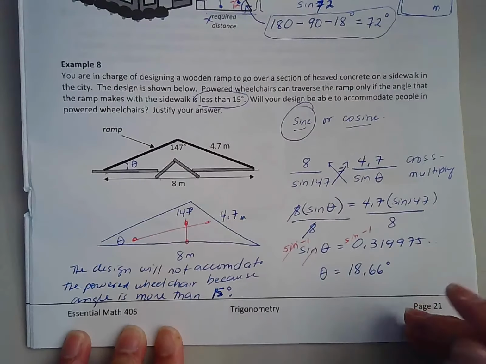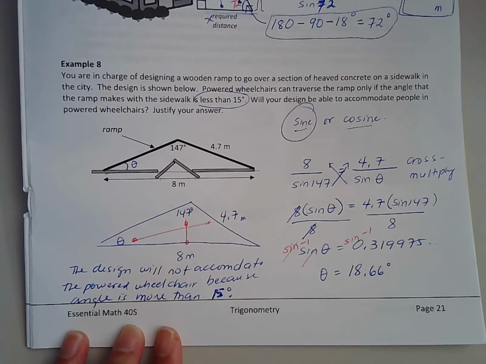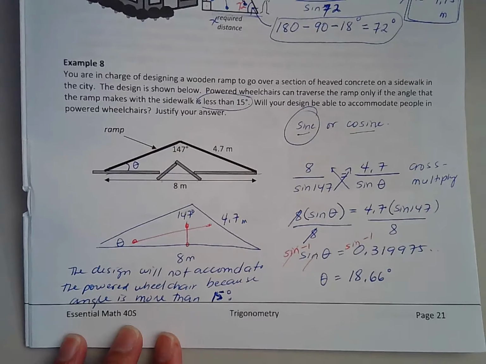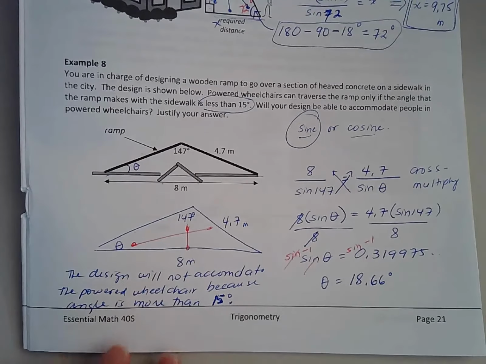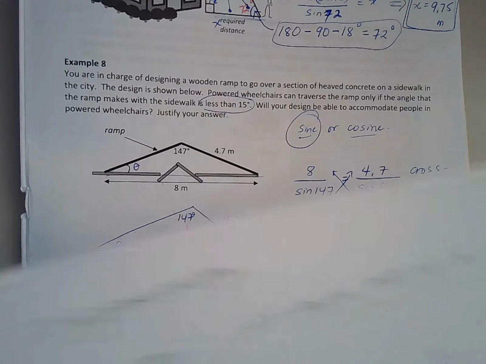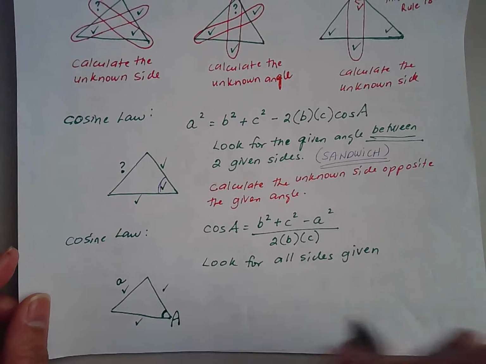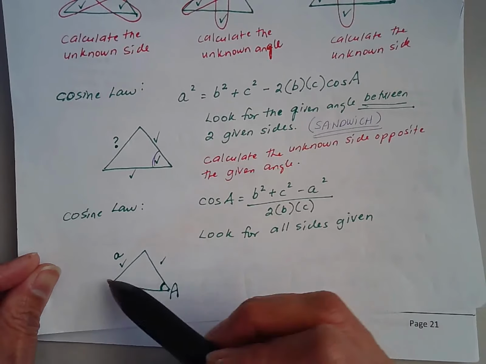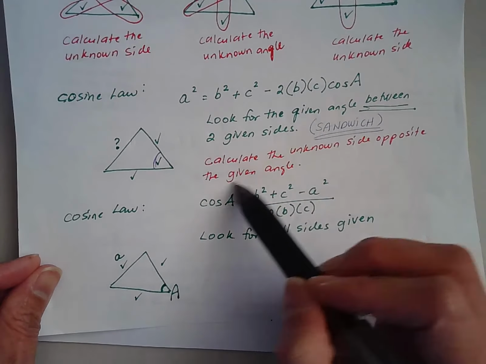Okay. Is that good? So what have we done so far with sine and cosine? There's a context, a story behind the situation, and then you have these to guide you. If all three sides are given, this is your strategy.